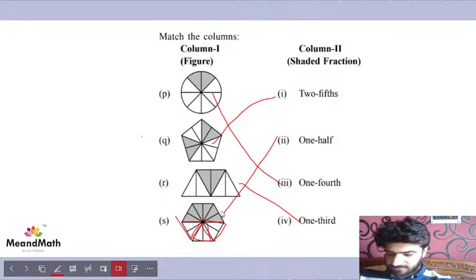All right, so 1/4, 2/5, 1/3, and 1/2, good. So these are the correct answers. I have given the explanation also. Does anybody have any doubt in this? I don't think so. So let's move on to the next question.